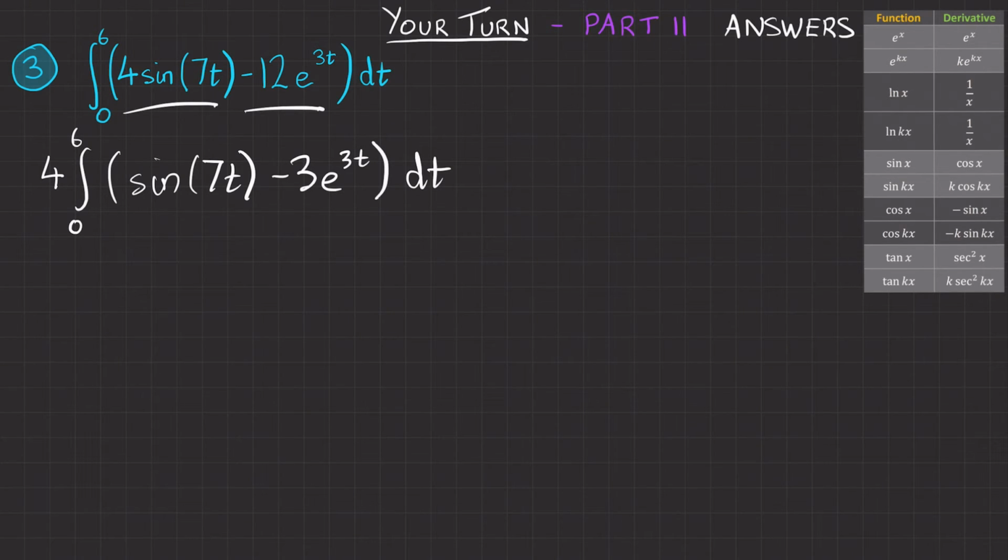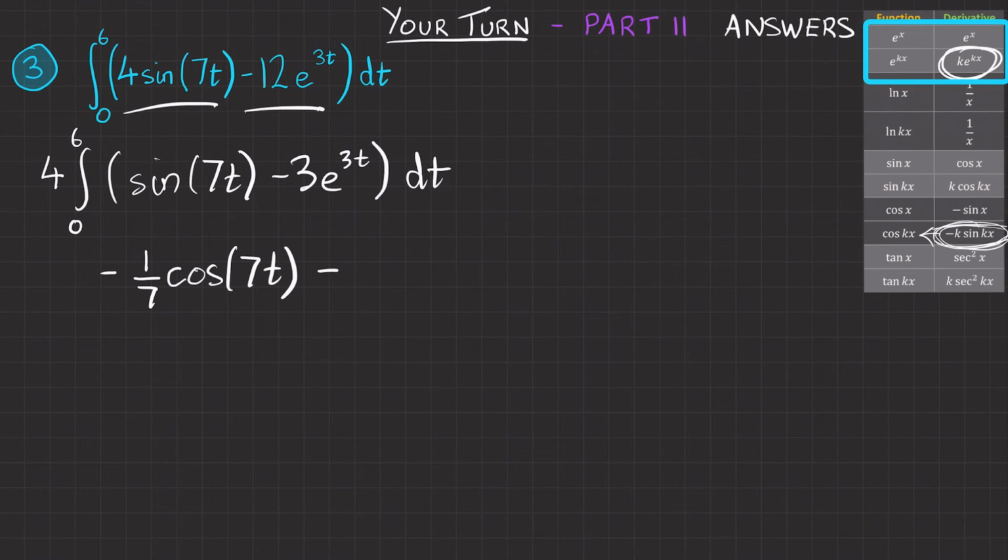Well, sine 7t, we want to refer to this one here, which integrates to that. So actually it changes sign, so we'll have minus cos 7t, and then it'll be divided by that coefficient of t. So a seventh minus 3e to the 3t.